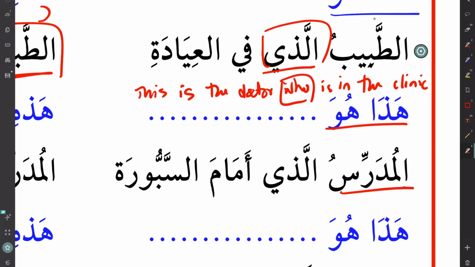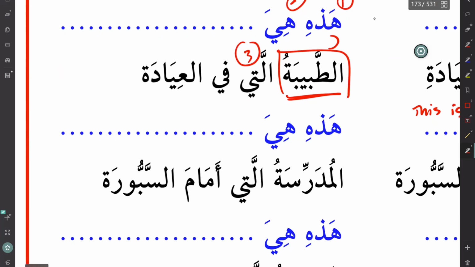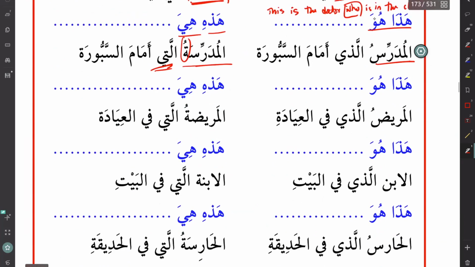Okay, so please pay attention to these differences. All right, and here we have هذه هي المدرسة التي أمام السبورة. Everything is the same. The only difference is that we're trying to say this is the female teacher. That's why we have to say هذه هي and التي. Okay, and all of them have the same thing.